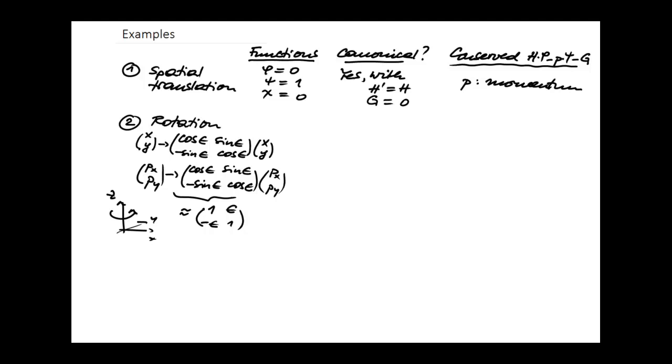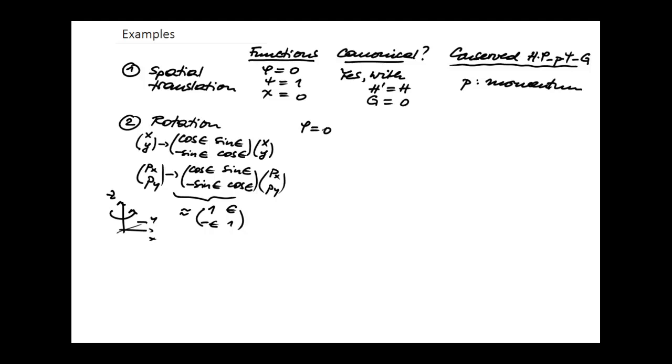What are the functions that describe this infinitesimal transformation? Again, we have no shift in time, so phi is equal to 0. We do have shifts in space of our position coordinates. How is the x coordinate shifted? X is shifted to x plus epsilon y.